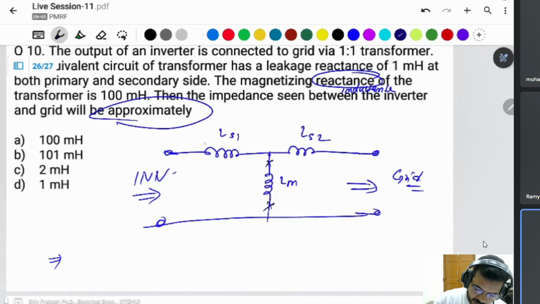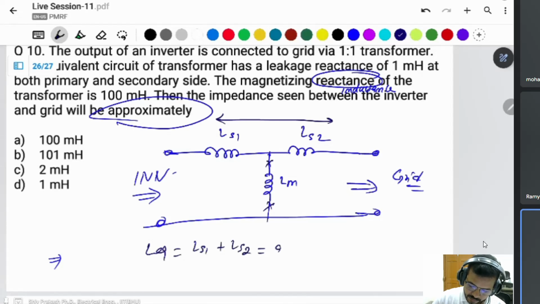Then you can simply add the two: the sum of LS1 plus LS2. Or you can transform this using star-delta transformation.